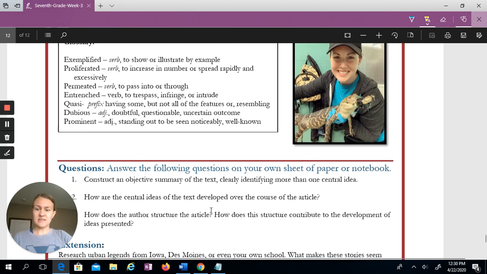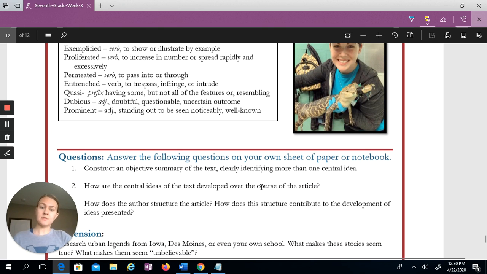I want you to give 2 to 3 sentences about how the central idea develops over the text. Right, it starts by saying that there were, in fact, alligators found in sewers, but with the alligators found, the stories about those alligators, and alligators that aren't even in the sewers, became crazier and more embellished.